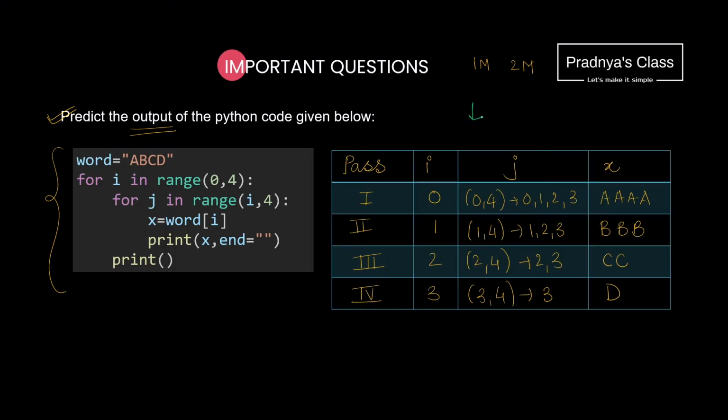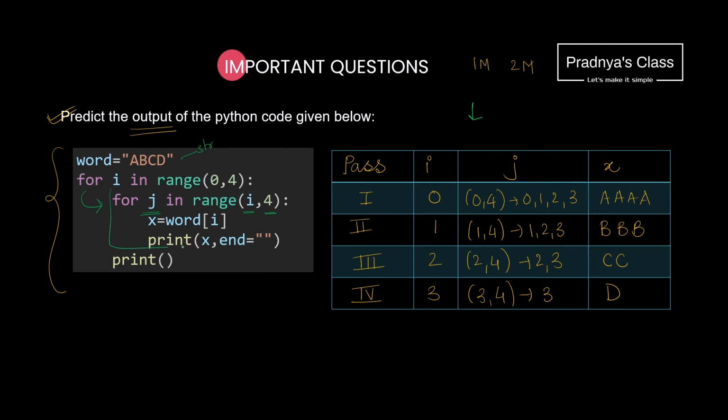Here is the dry run table. Here is one given string and there are 2 variables for the execution of the nested loop. The value of I is in range 0 to 4. It means the values of I we will be getting as 0, 1, 2 and 3. Now let's come inside the loop. The J will get executed from I to 4.